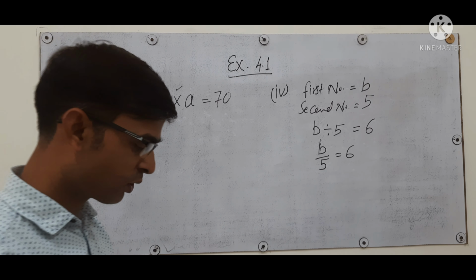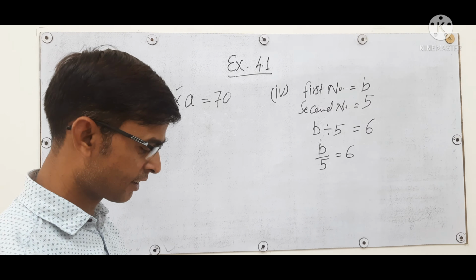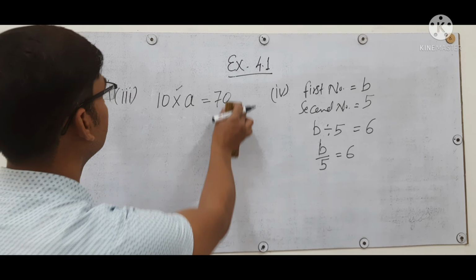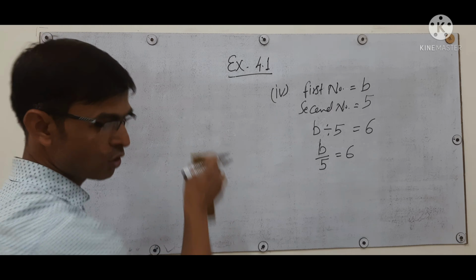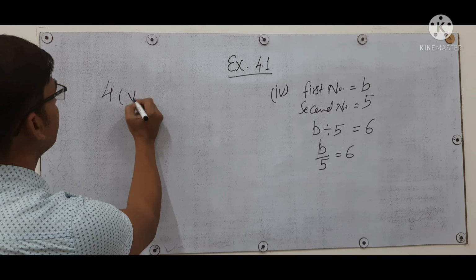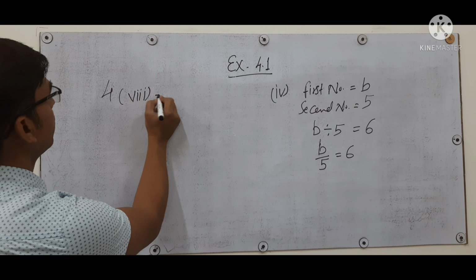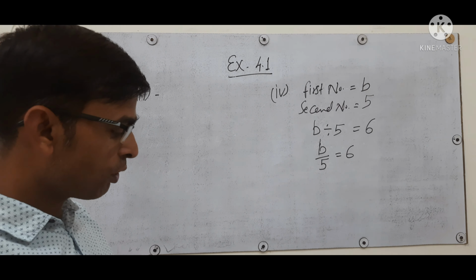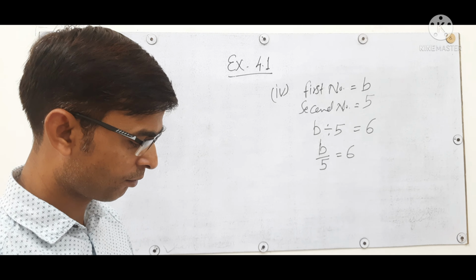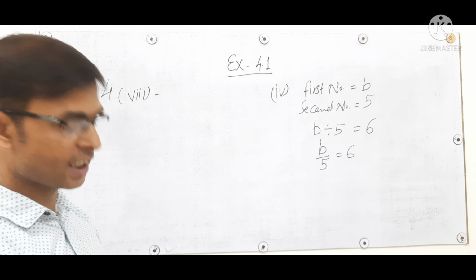And in this way you can solve part 5 and 6. Now I am going to solve part 8. Okay, so let's see how we will solve it. The 8th part is given here as: if you take away 6 from 6 times of y, you get 60.